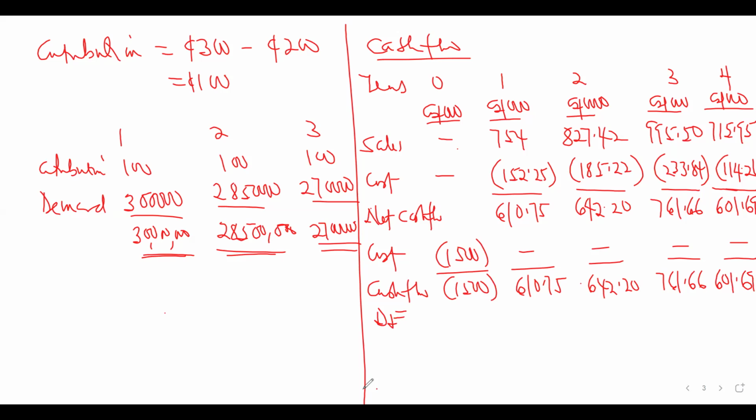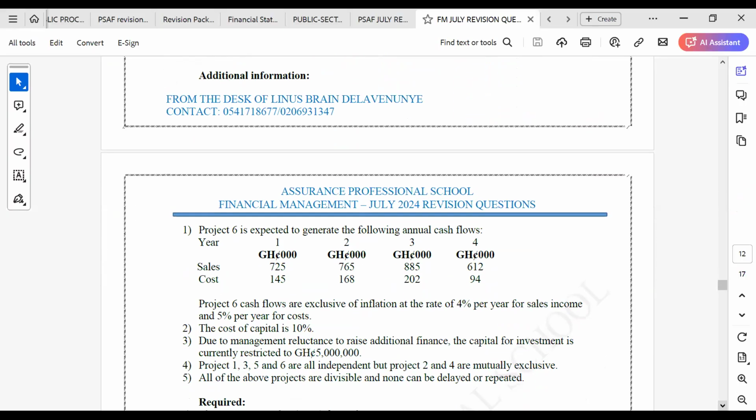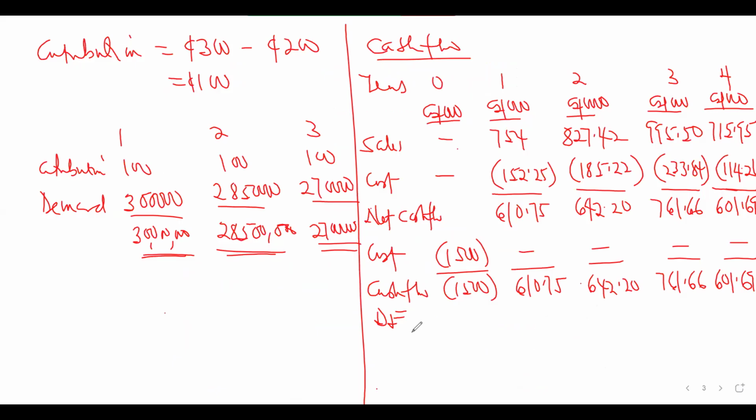What is the discount factor of the company? Hold on, year one is supposed to be 601.75, which is 754 minus 152.